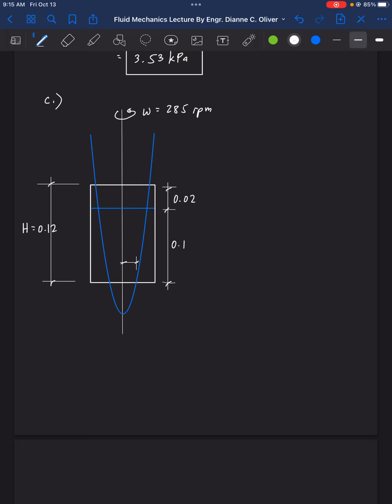Let's name this as R2. This portion here to here. And a while ago, this is our R1. This part here. This is our R1. This point, this point.